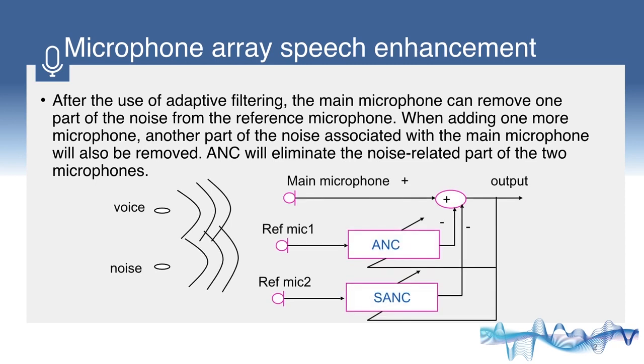In the speech enhancement method of the microphone array, because more microphones are used and the spatial information of the signal is considered, it has more advantages than single-channel speech enhancement in terms of suppressing interference in specific directions and performing speech separation.